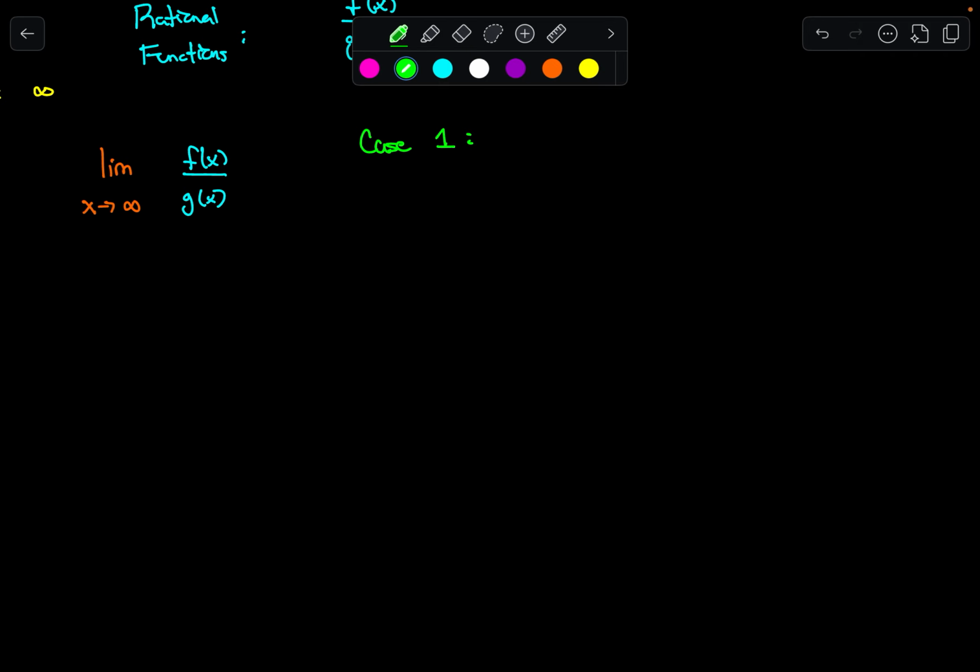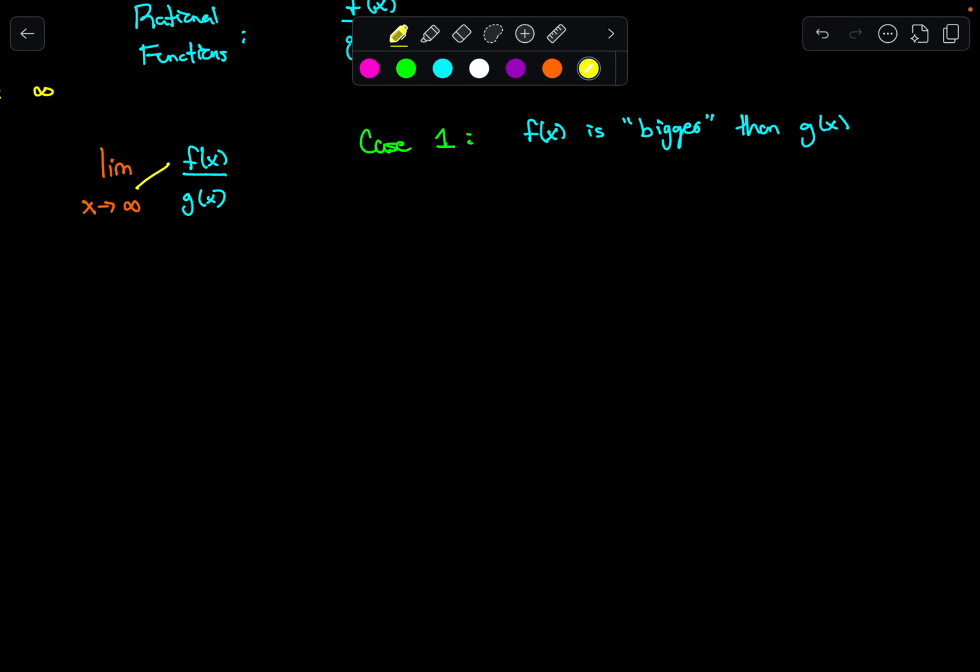The first case is that f of x is, I'm going to put it in parentheses, bigger than g of x. If we were to think about this, let's say we're going to evaluate this, and f of x becomes monstrously big.